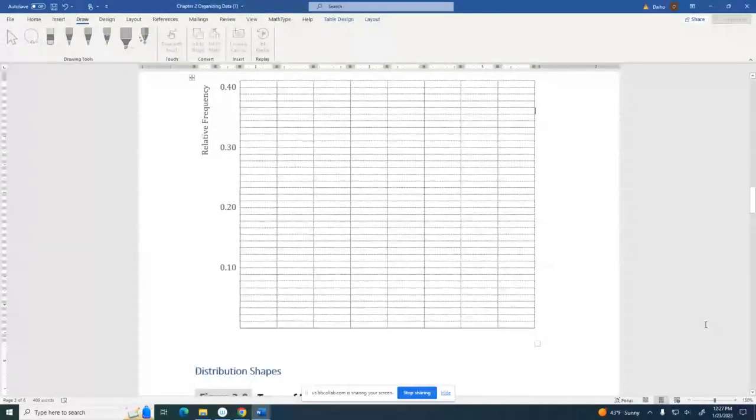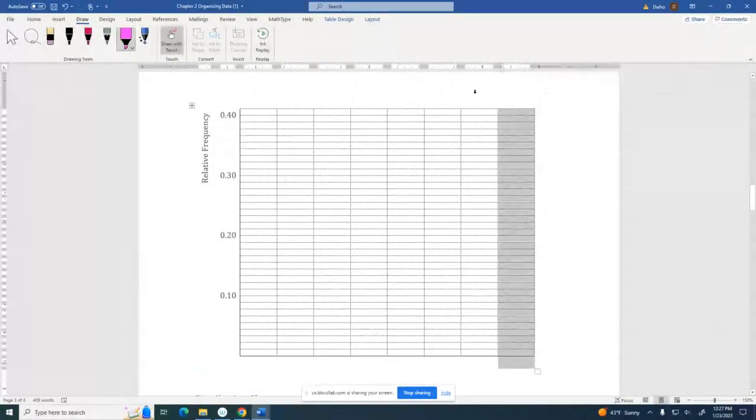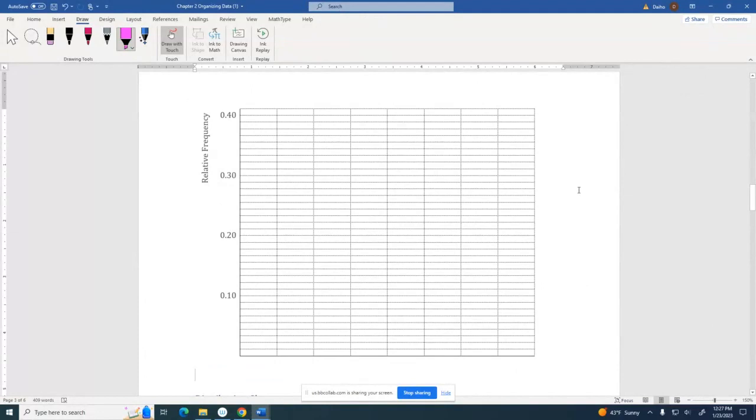And now we have to plot the relative frequencies. Most of the time we plot the frequency, but now here, the relative frequencies. So here's 10%, 20%, 30%, 40%.